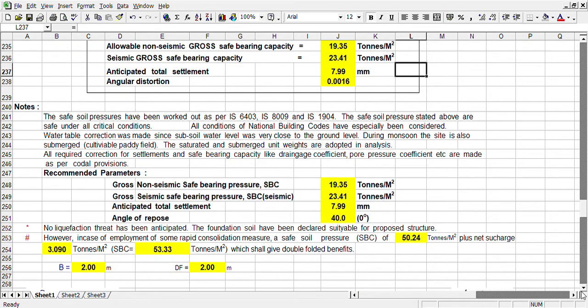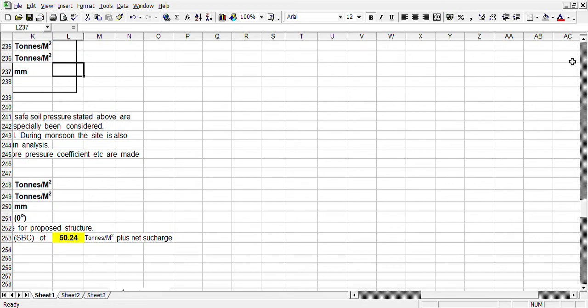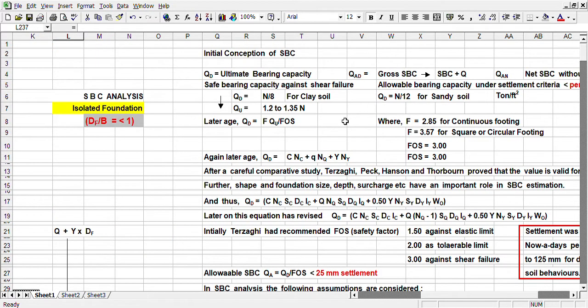Now we should not forget there are some other criteria which are more important. The original concept of calculating the SBC for clay soil is 1 by 8 N, that is N value divided by 8 in ton per feet square.